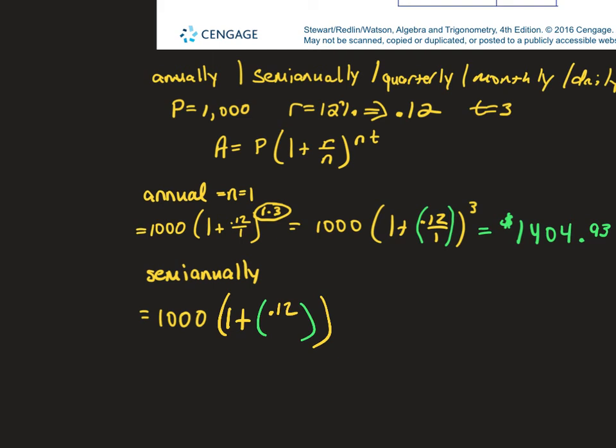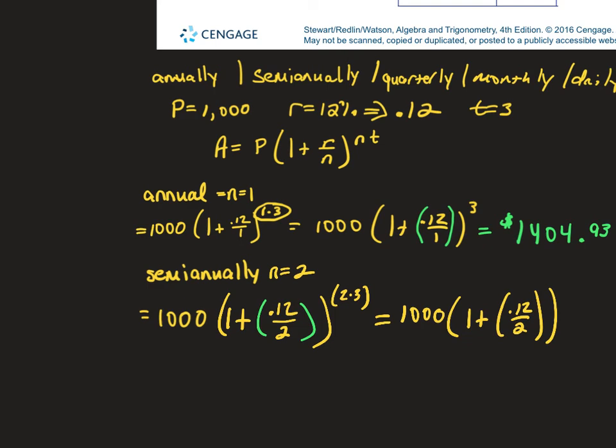I still have the same interest rate, but instead of N being 1, now N is 2. So in my formula, I have a 2 here, and then when I say N times T, it's N, which is 2, times 3 years. So before I put this in my calculator, I would simplify and say 1 plus 0.12 over 2, and that's raised to the 6th power.